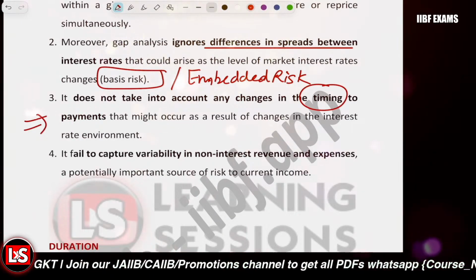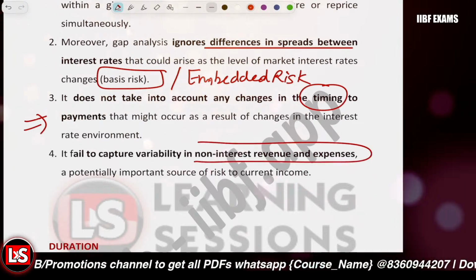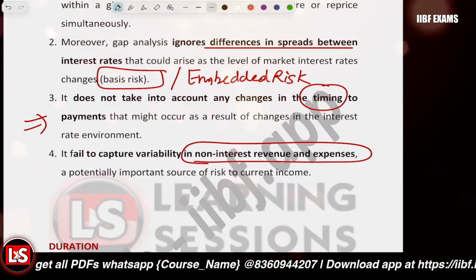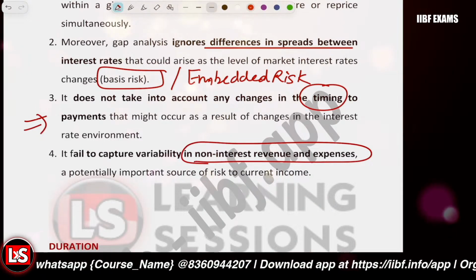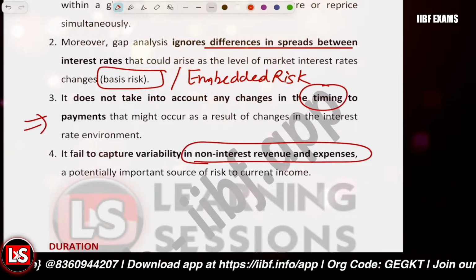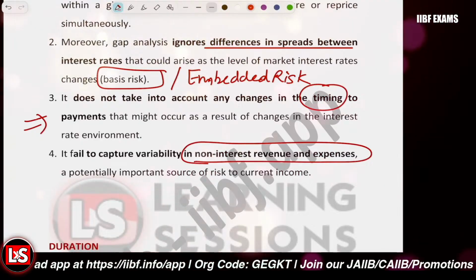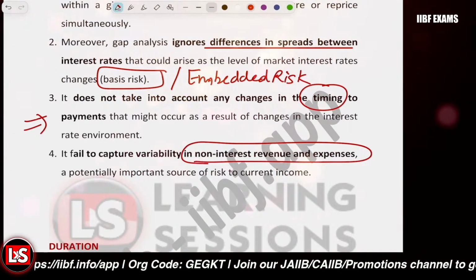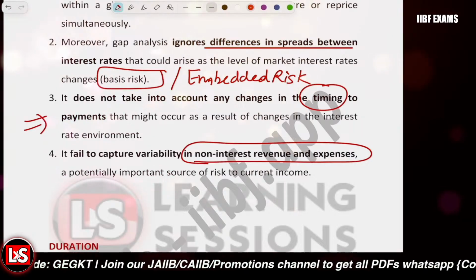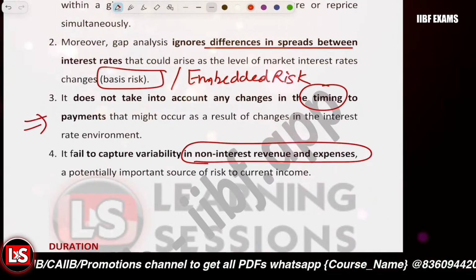And we do ignore the non-interest income. The non-interest revenue and expenses are not captured when we're talking about the gap analysis. Fee income sensitivity is not considered in this scenario, right? So these are the shortcomings of the gap analysis. We are just concerned with the short term earning perspective, used for ALM purposes and interest positioning.